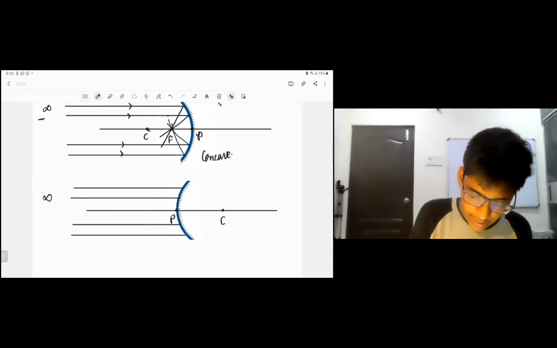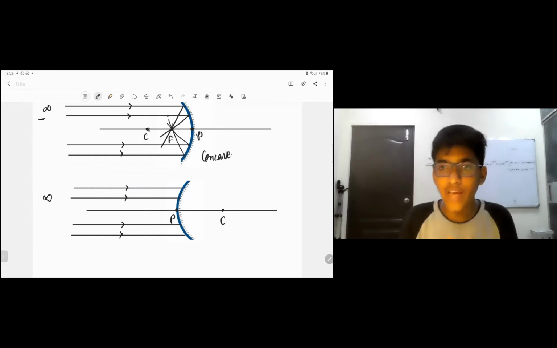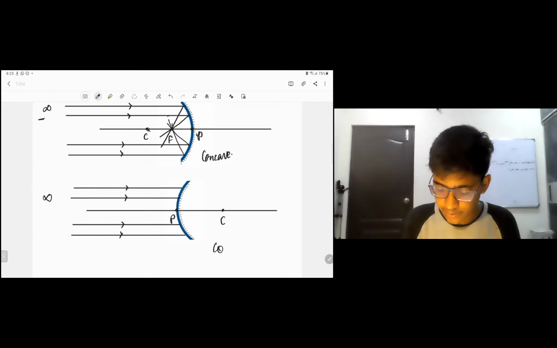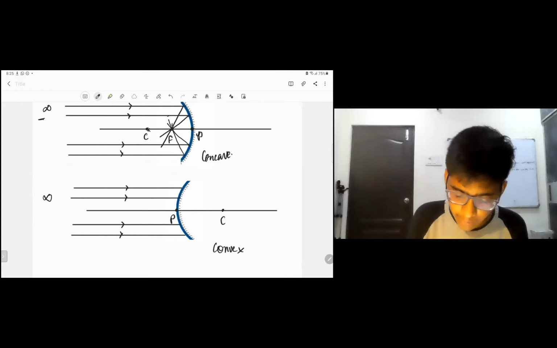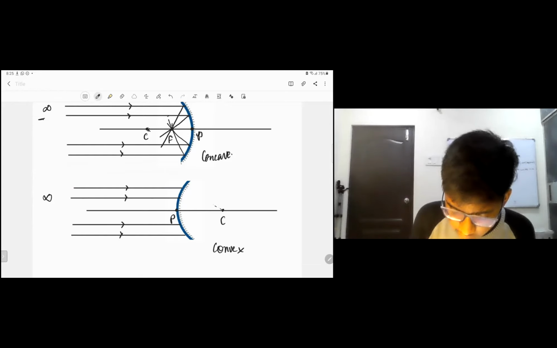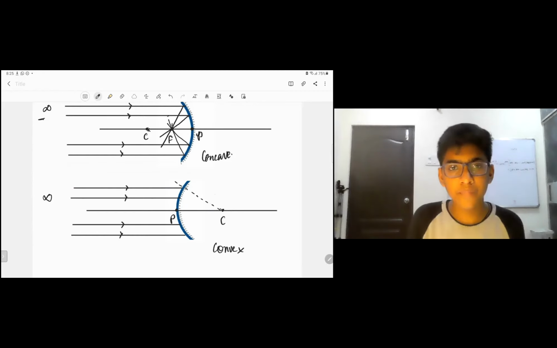Now, these rays are emerging from an infinity object. What happens in the case of convex mirror? The same. The normal is emerging from the center of curvature. See?